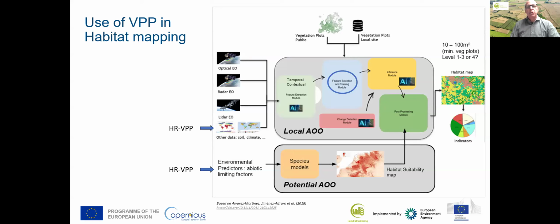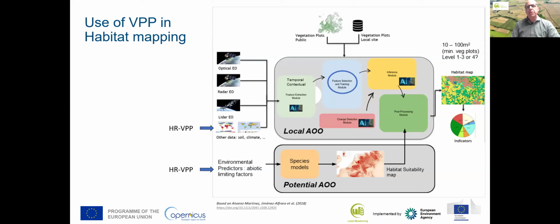There it's a combination of optical, radar and LiDAR Earth observation, as well as other data, where HR-VPP was added as an additional part. One of the important parts, in the blue circle in the middle, is that these machine learning models use all these different input data, called predictors, to see what the best predictors are to distinguish different habitat types.